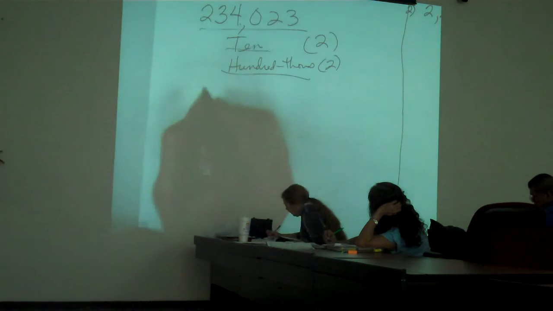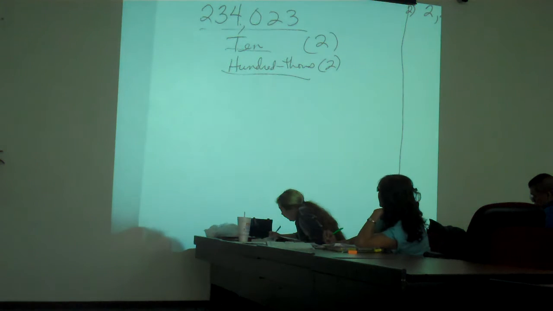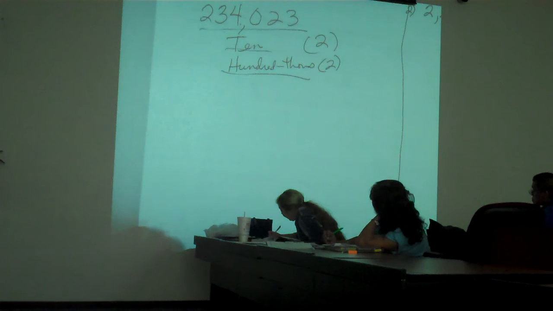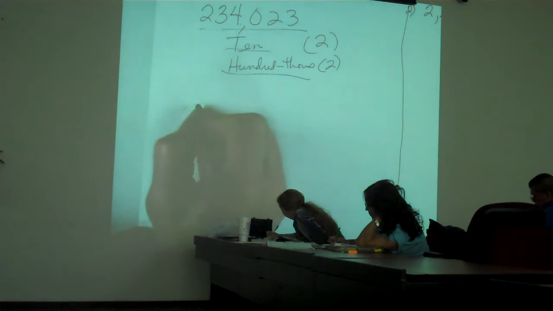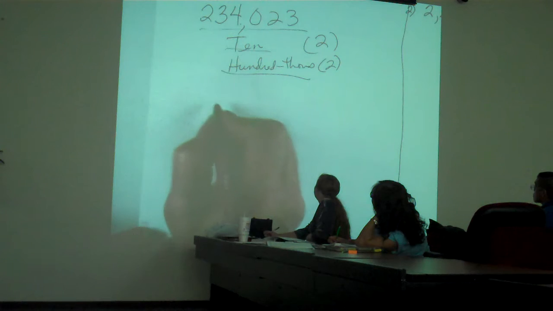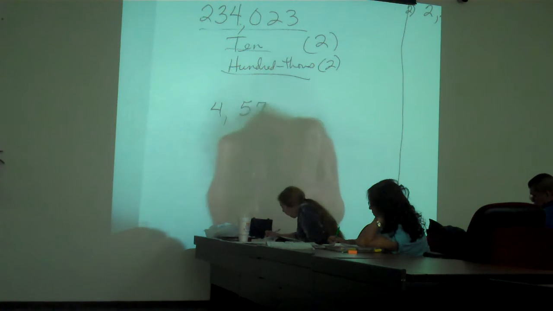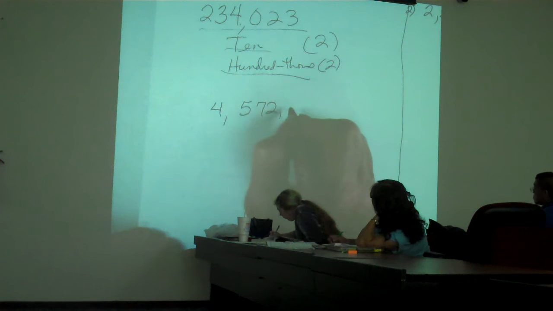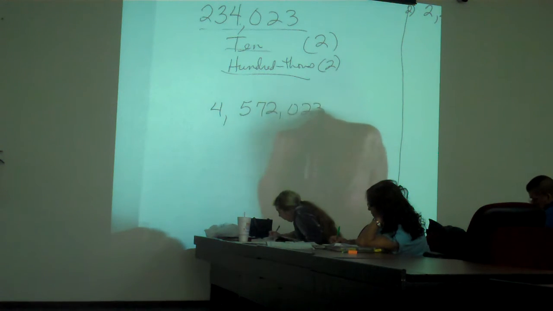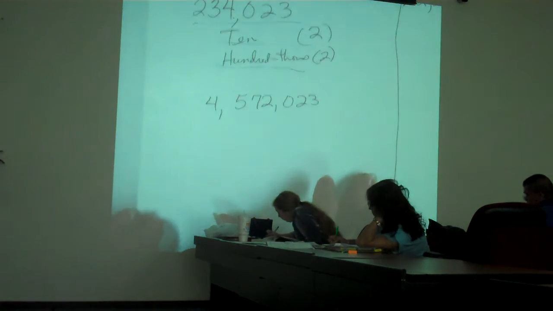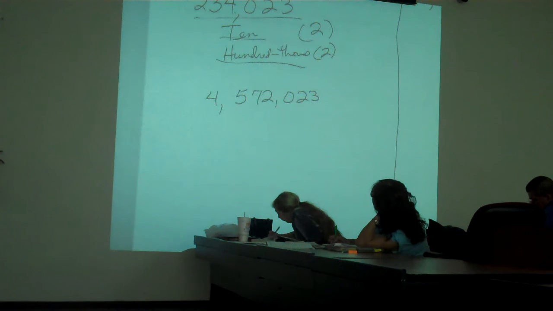If you have a problem like 7 through 10, it asks you to put the period. So if you had a number like 4,572,023, that's really not the way you would say that number, right?